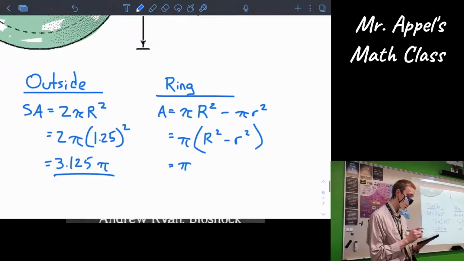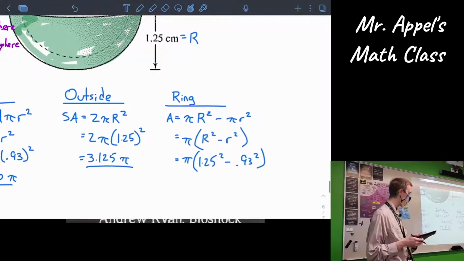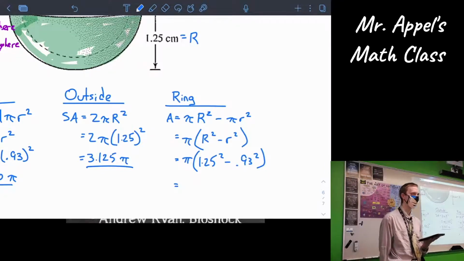And we already know our numbers for big R and little r. That was what, 9, 3? Yep. So now the ring becomes how many pi's?